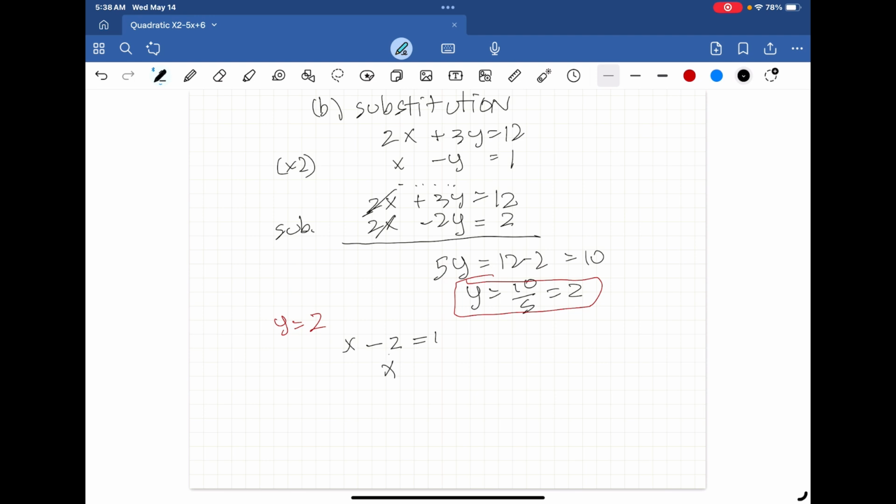So adding 2 to both sides of the equation, we get x is equal to 1 plus 2, which is equal to 3. And there's our result again. So we have the intersection point of the two lines is 3, 2, the answer we got a while ago with the substitution method.